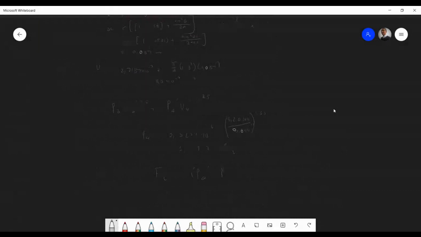You still have the same diameter, pi over 4 times 0.3 squared. That's a force, right? And if you do that, you'll get 2,19. Is it megapascals or kilopascals? That should be kilopascals. This is kPa. This must be kilopascals.